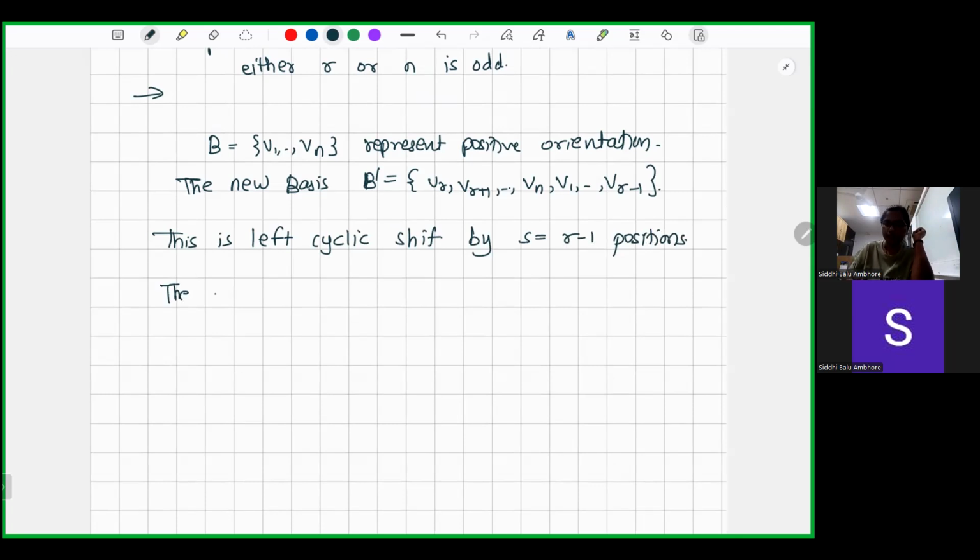The permutation sigma in Sn is sigma of j equals j plus s minus 1 mod n plus 1.